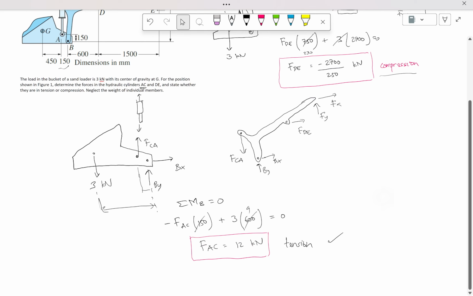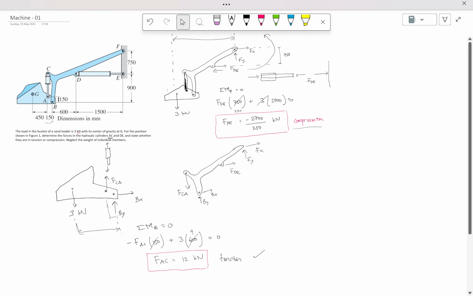It's pretty simple. The idea is to try to analyze as a whole first if you can. It's always good, even though you may not get everything from the global free body diagram; even if you can get part of it, it's good. Then try to dismember and start with the member that has fewer than 3 unknowns, or at most 3, because you have 3 equations in general: sigma Fx equals 0, sigma Fy equals 0, sigma moment equals 0.